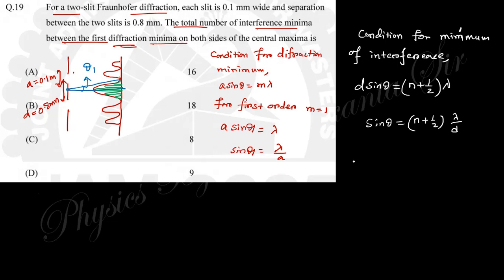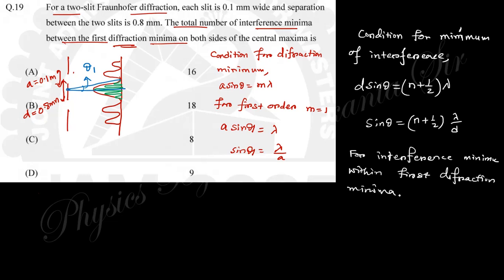So the condition for an interference minimum within the first diffraction minima is that sin theta must be less than sin theta 1.